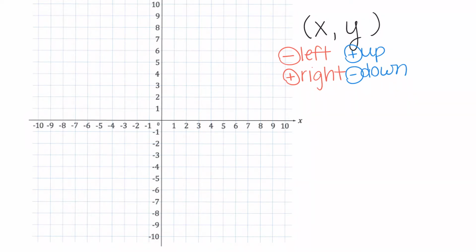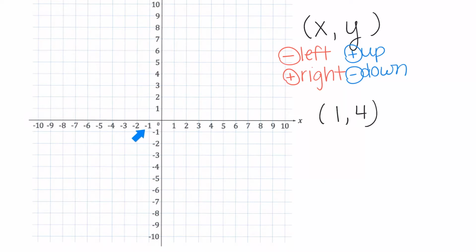So let's see what this looks like. Let's say we have the point (1, 4). What that's telling us is that the 1 is our x and the 4 is our y. So we always start in the very center of the graph for every coordinate. We're going to go over to the 1 on the x.